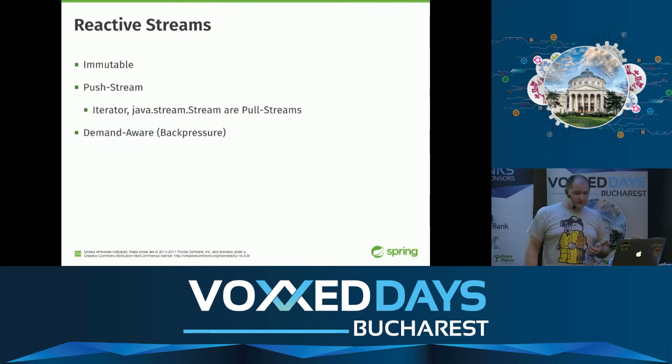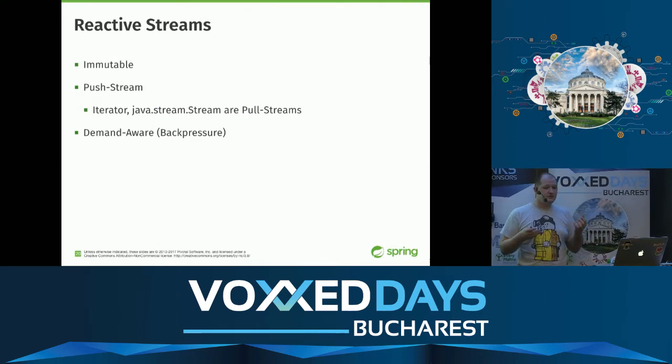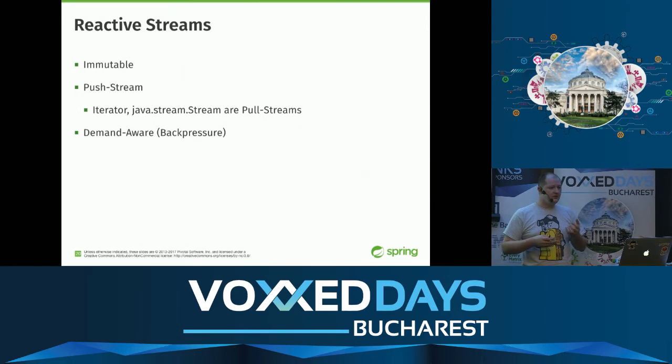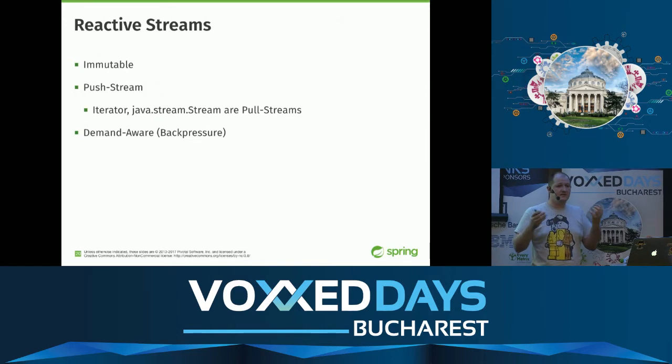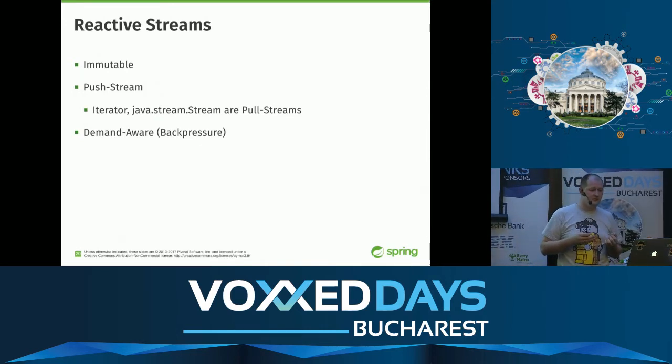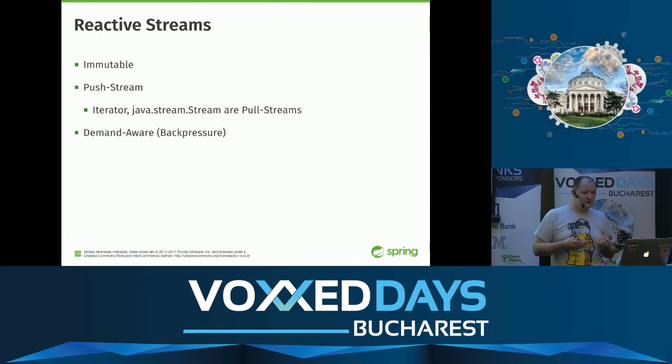A nice thing about the Reactive Streams specification is that it's immutable. So once you have set up one stream, you can't change the stream afterwards, because the stream is something like a pipe, and the execution relies on the stability of the pipe. Another thing is, I mentioned it's a push stream, and even if you take a look at the Java 8 stream, it's still a pull stream. You have to invoke a terminal operation on the Java 8 stream to signal, I want to process that data.